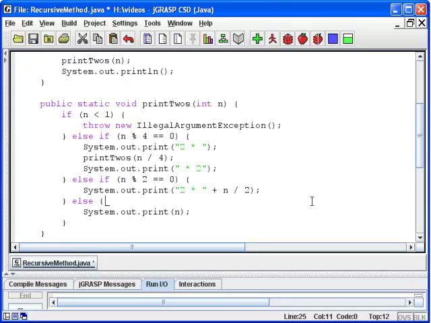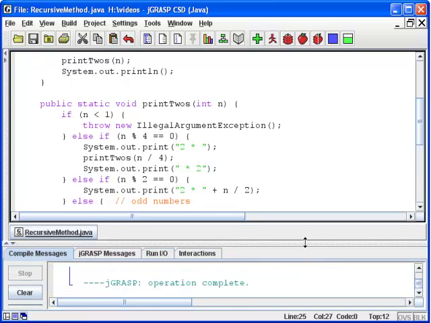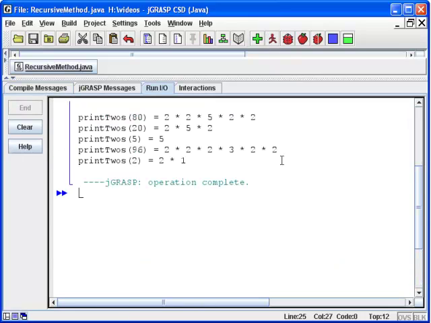Our else here then becomes numbers that aren't divisible by 4 and numbers that aren't divisible by 2. It turns out that those are all odd numbers, so we could comment that if we wanted to. Odd numbers are just printed directly because they have no multiples of 2 in them. We can go ahead and compile and run this version of the program and make sure that we're still getting the right answer for our other problems, which we are.